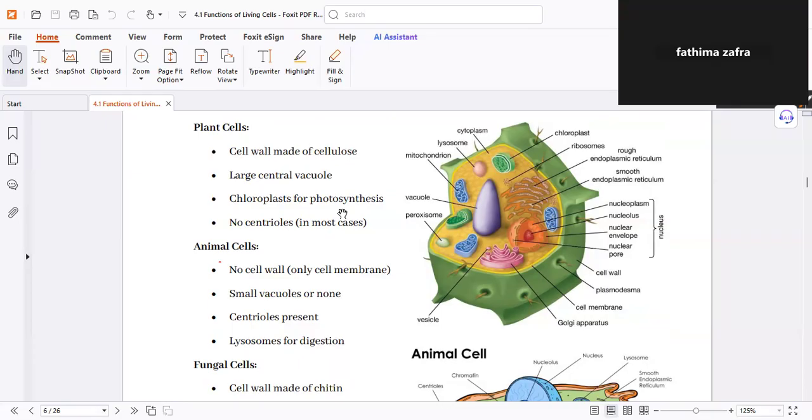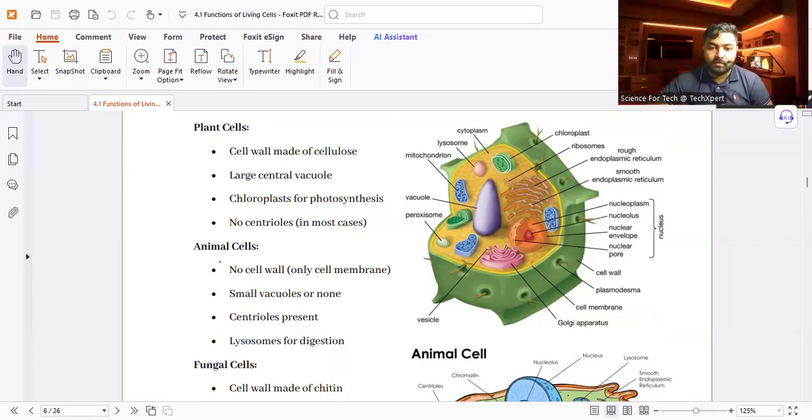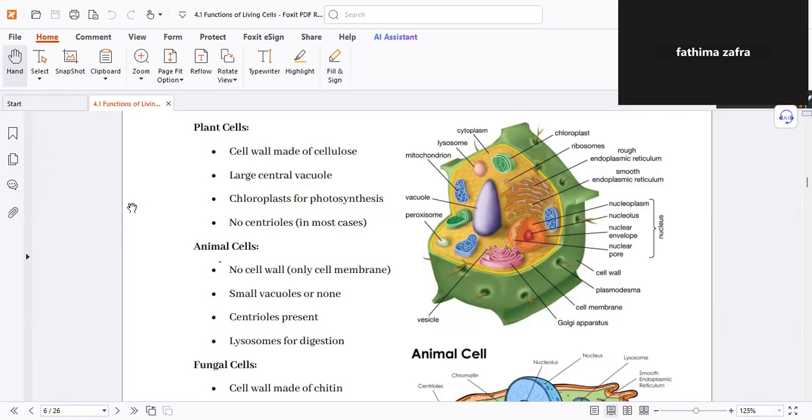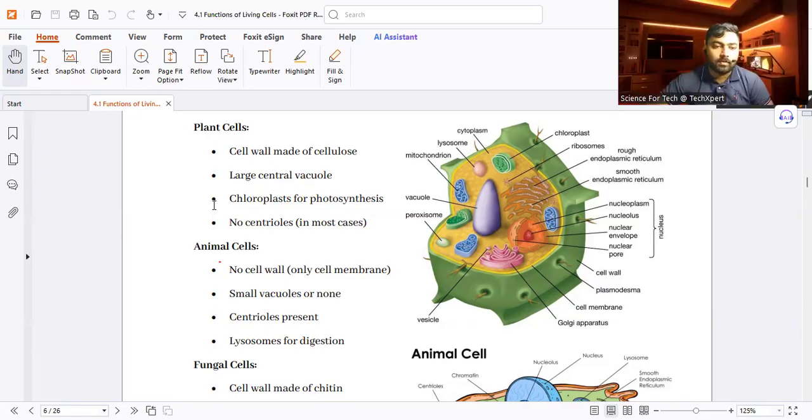Okay, that is a common thing. What else? Mitochondria. Yes, mitochondria are there because mitochondria are the power stations, needed for metabolic activities. Energy is needed, no? So that energy is provided by the mitochondria.